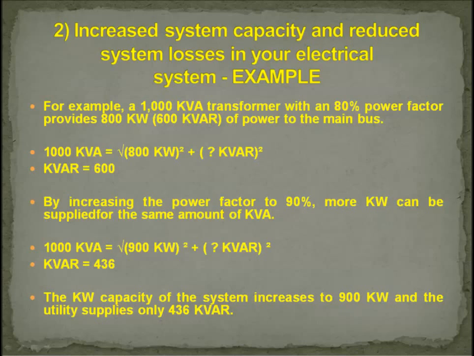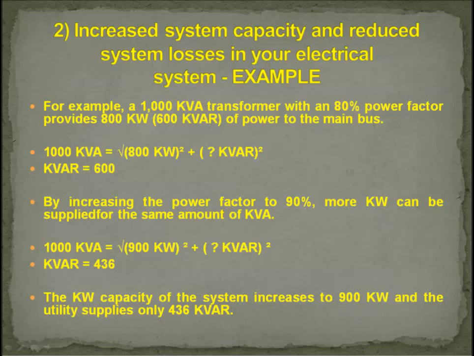For example, a 1000 kVA transformer with an 80% power factor provides 800 kW, 600 kVAR, of power to the main bus. 1000 kVA equals the square root of 800 kW squared, plus kVAR squared.